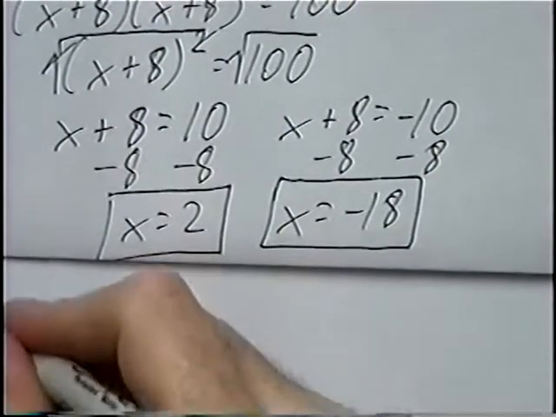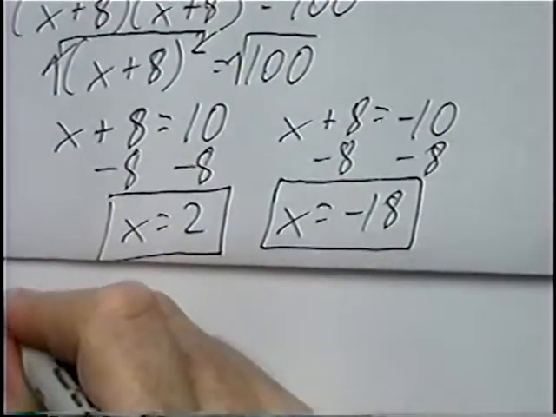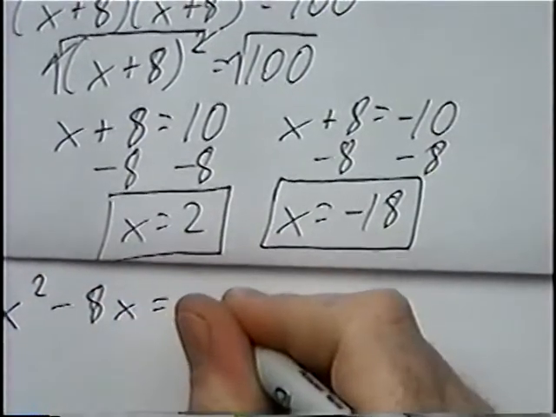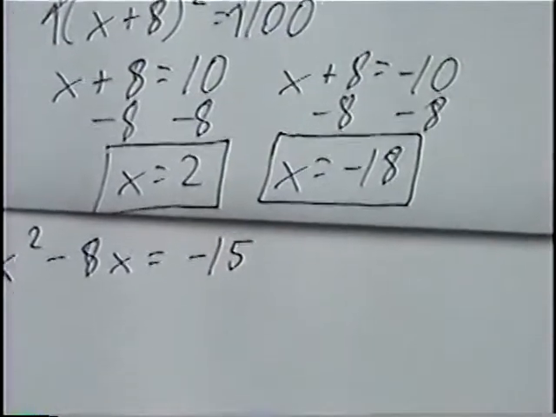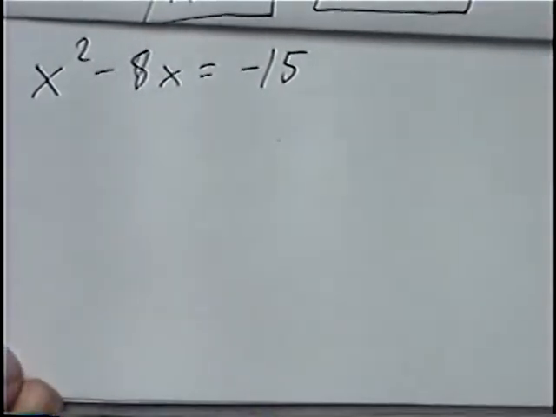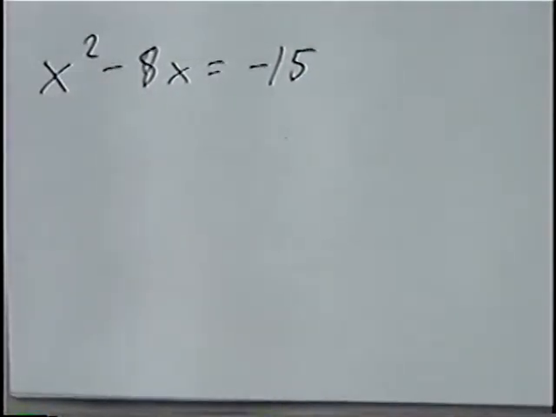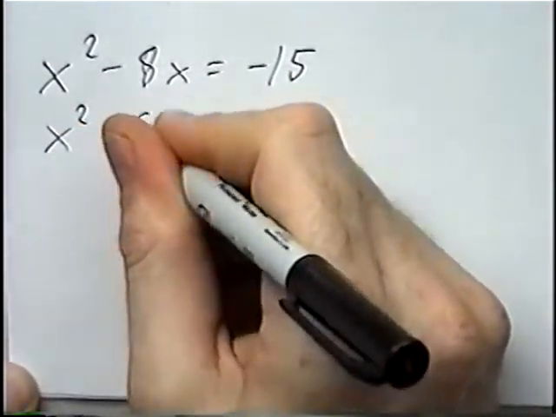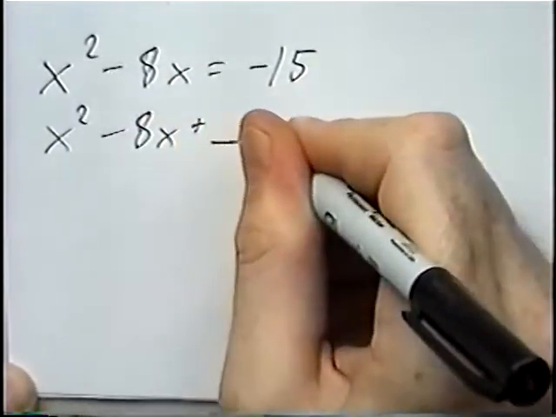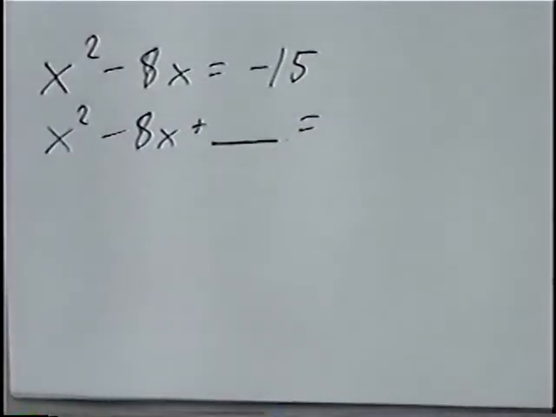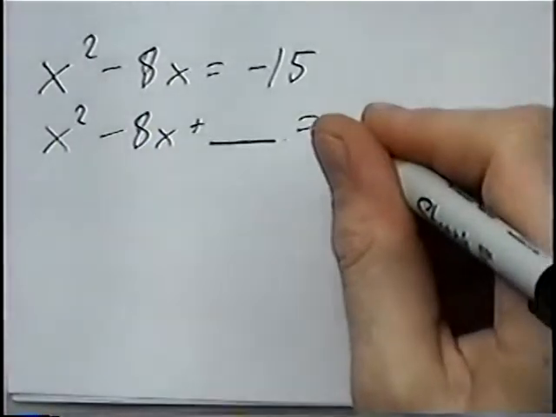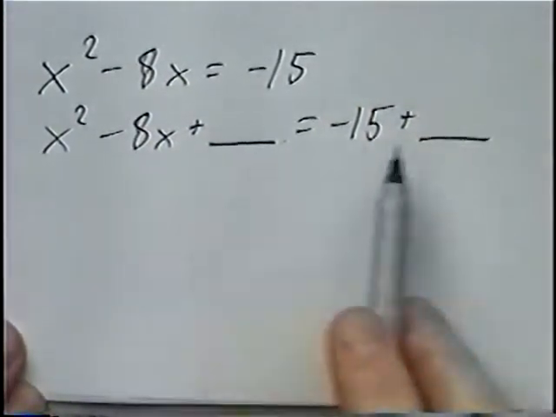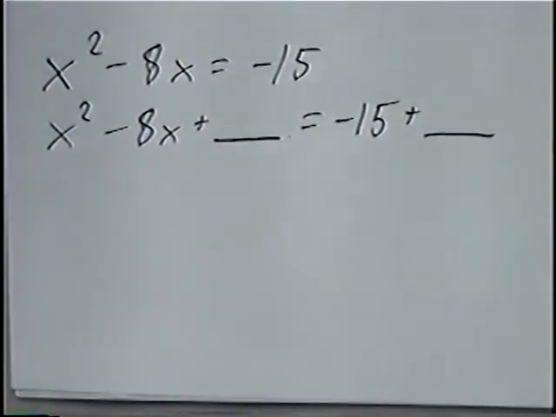Second question and second equation for this section. We'll have x squared minus 8x equals -15. Solving this equation by completing the square, we can rewrite it as x squared minus 8x plus a blank spot equals negative 15 plus another number, which will be the same number we add on both sides.